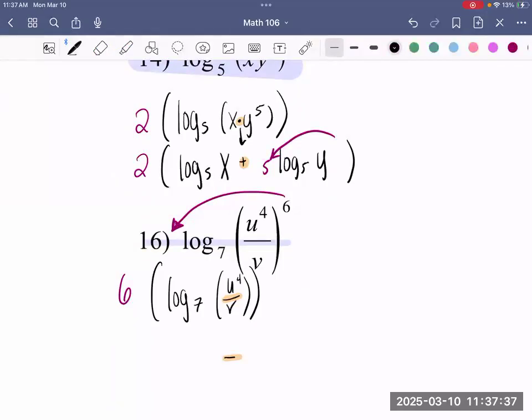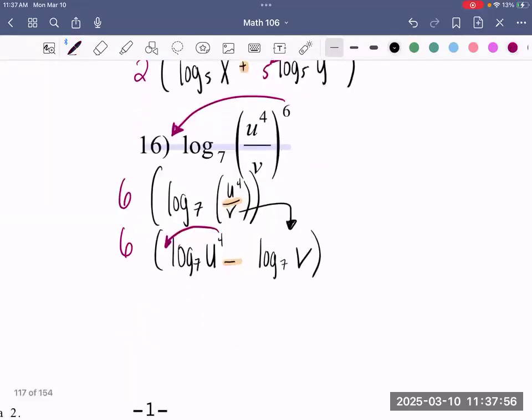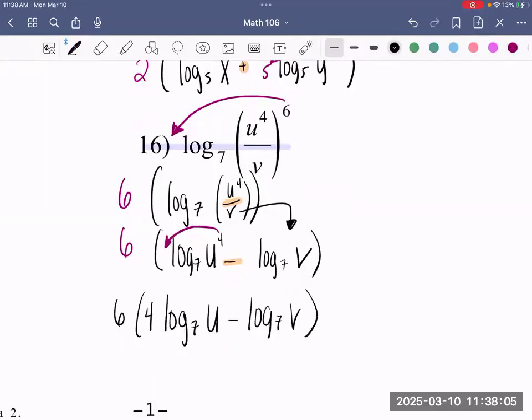Subtraction between 2 of these log base 7s. That 6 just remains on the outside. So whatever's doing the subtraction was doing the dividing. We have u to the 4th here, and one more, we're going to bring that out in front. So you have 6 times 4 log base 7 of u minus log base 7 of v.